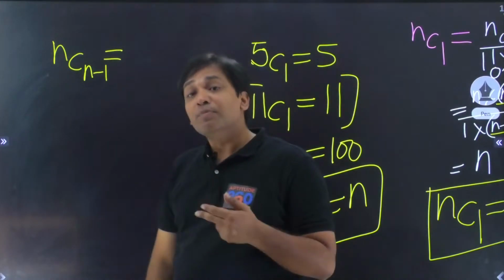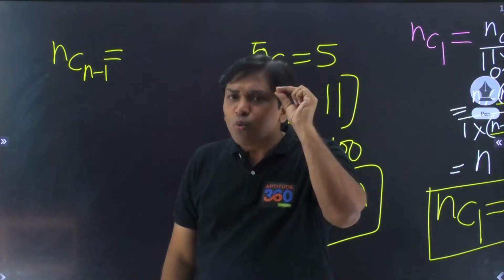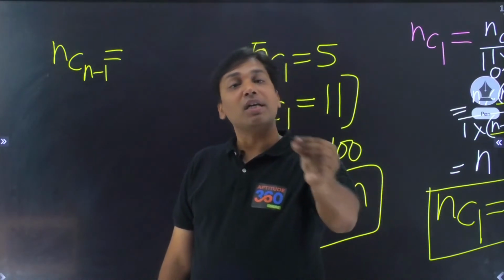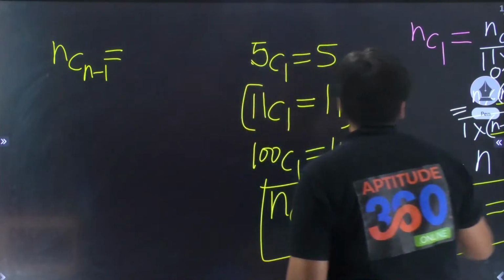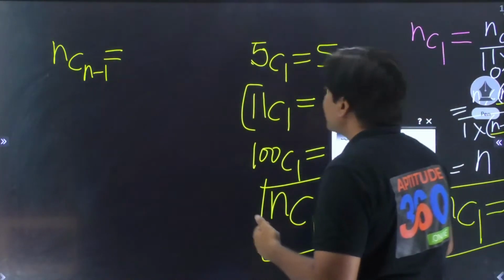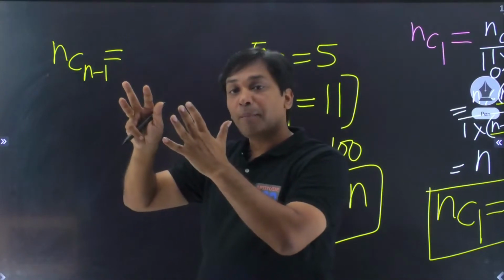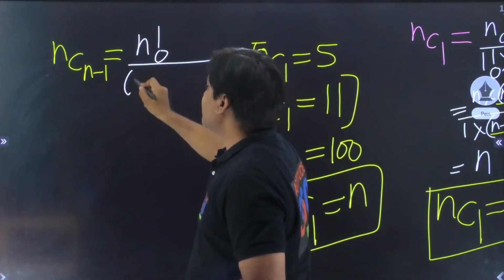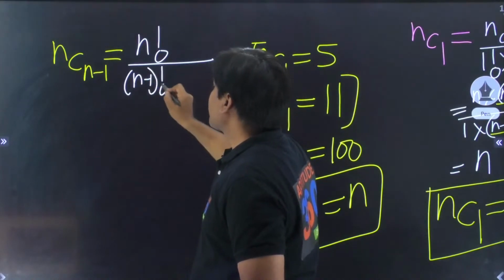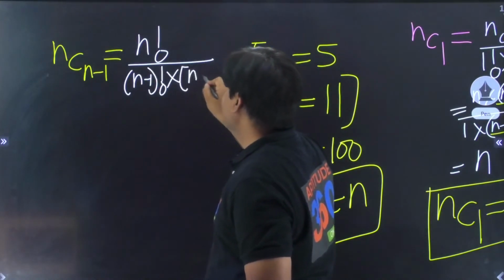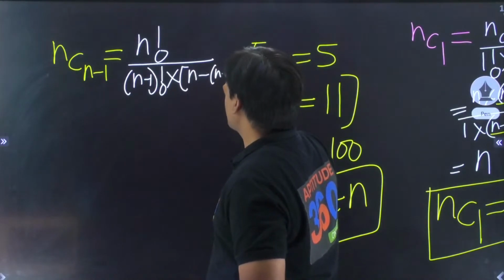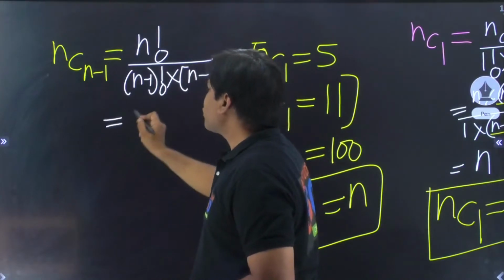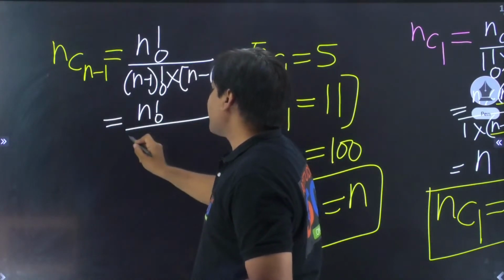And within 10 minutes, we are going to be getting something which is very crisp, something very important, which is going to be very useful for our examination. So if I have to solve this expression mathematically, this is going to be n factorial, and then (n minus 1) factorial, and 1 factorial, isn't it? So if you try to simplify this thing, what is it?